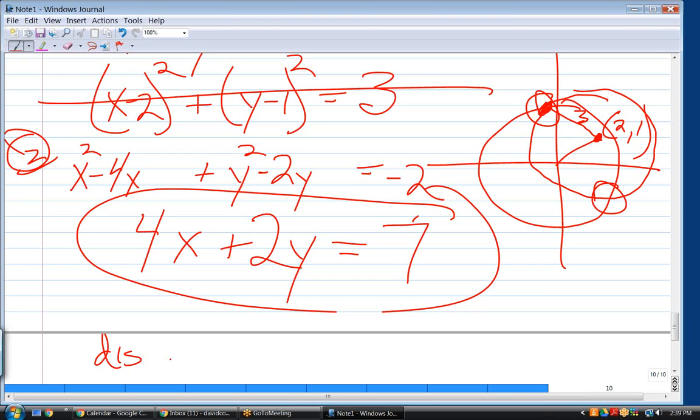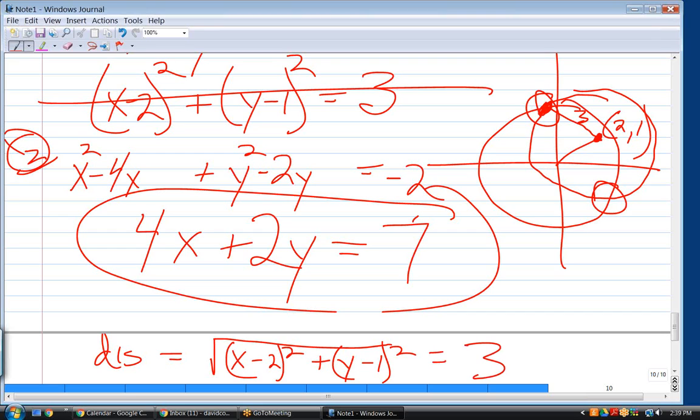The distance formula says it's the square root of the x-coordinate minus the x-coordinate squared plus the y-coordinate minus its y-coordinate squared. And I know that distance to be 3, because the radius of that circle is 3. So there's my second equation.